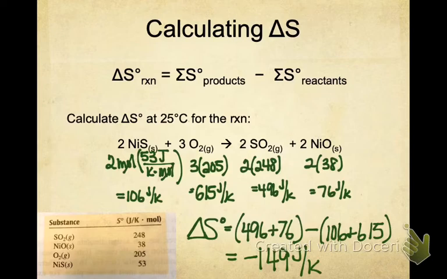Now it's a negative value, so that means that this reaction is really not favorable, meaning spontaneous, at room temperature, but it could be spontaneous at other conditions. If I increase the temperature, maybe this reaction would be spontaneous, but for the reaction that we're looking at, the delta S is telling us it is not going to be spontaneous as far as entropy is concerned.